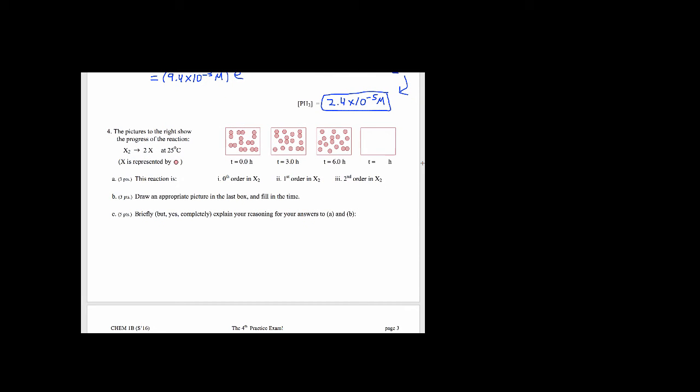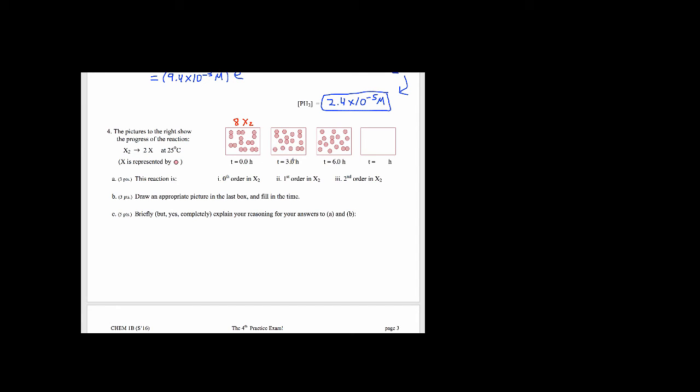All right, question number 4. We are given a reaction with progress of reaction, and we're going to determine the order and fill in the time in an appropriate picture in the last box and explain our reasoning. What we note here is that we have 1, 2, 3, 4, 5, 6, 7, 8 X2s to start with.